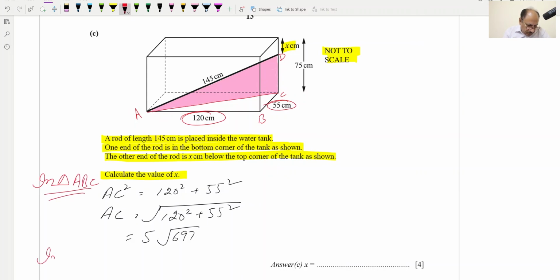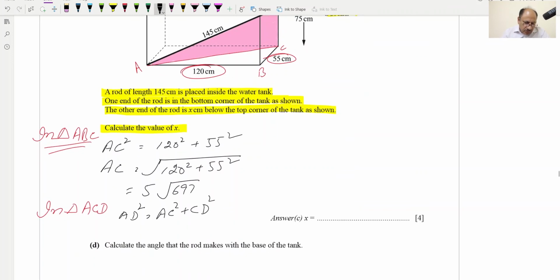Now we will consider triangle ACD, and we will apply Pythagoras theorem, and we can write AD squared is equal to AC squared plus CD squared, and CD we need to calculate. AD is 145, so 145 squared is equal to AC, which we have calculated as 5 under root 697, squared, plus CD squared.